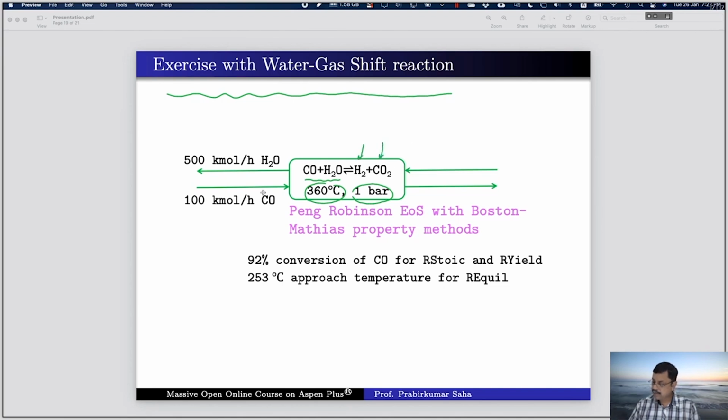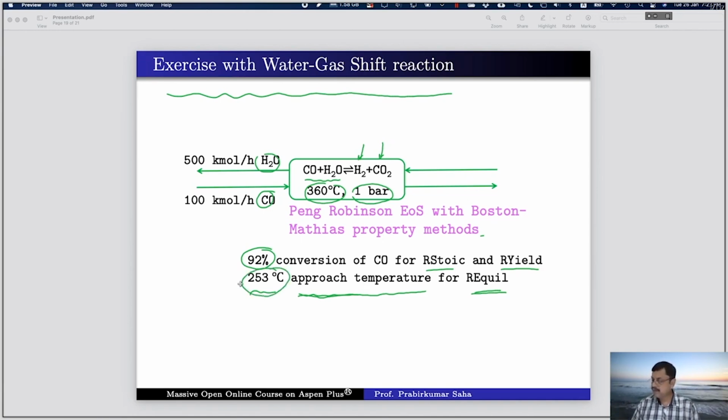The flow rates of carbon monoxide and water are given, and we shall use the Peng-Robinson equation of state with Boston-Mathias property methods. For RStoic and RYield, we need this information: 92% conversion of carbon monoxide, whereas an approximate approach temperature has been given for REquil, which is 253 degrees centigrade.